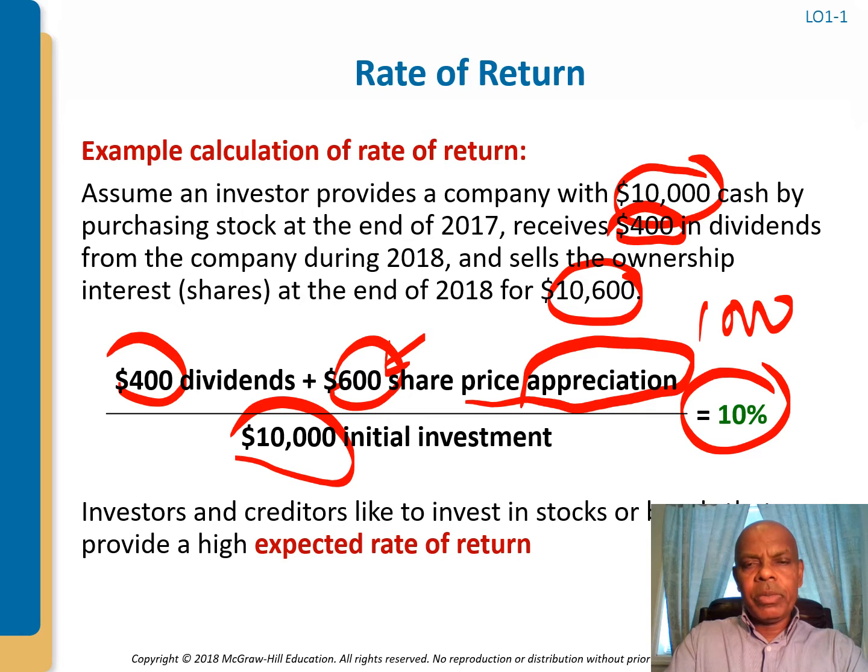This makes sense. Now, what if you put this $10,000 in the bank? What rate of return are you going to get? Maybe 1% at the most, or 0.5%. Okay, think about it. If you have the money, you have to invest. That's what you learn from this stuff.